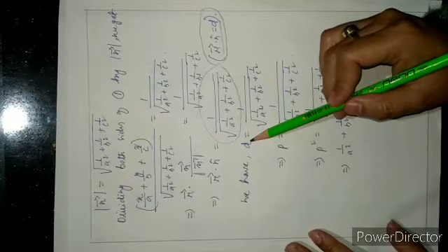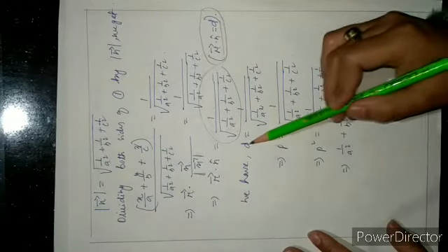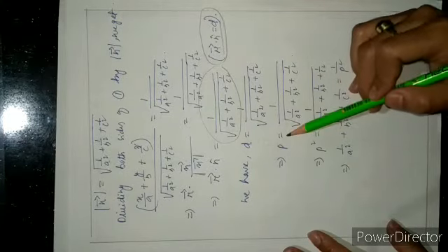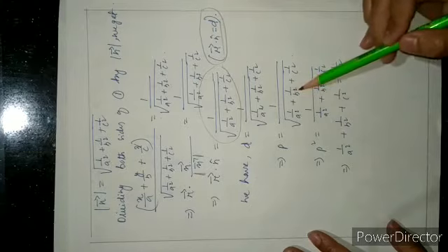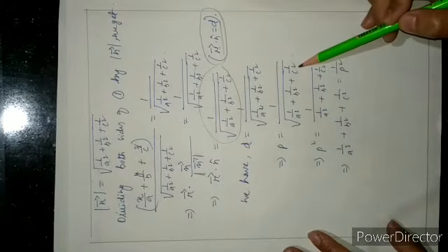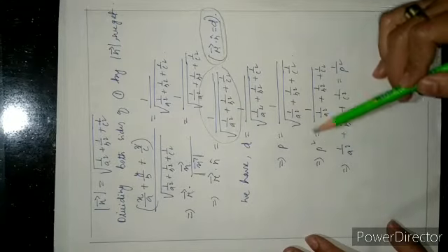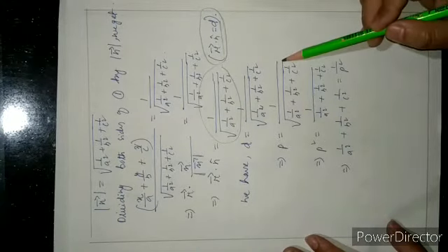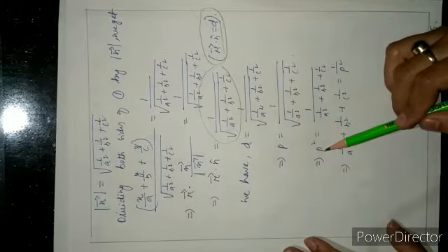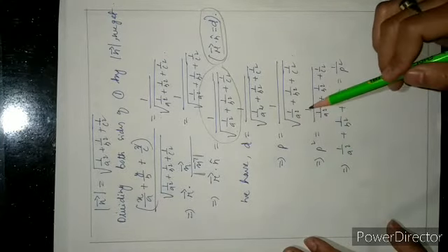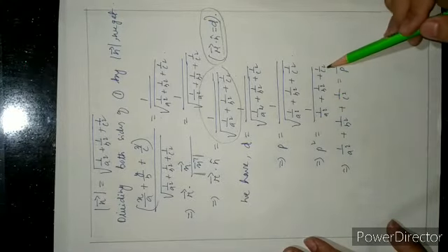But it is given that the distance of the plane from the origin is p units, so d is replaced by p, which is equal to 1 by root over 1 by a square plus 1 by b square plus 1 by c square. In order to eliminate this square root, we square both sides and get p square is equal to 1 divided by 1 by a square plus 1 by b square plus 1 by c square.